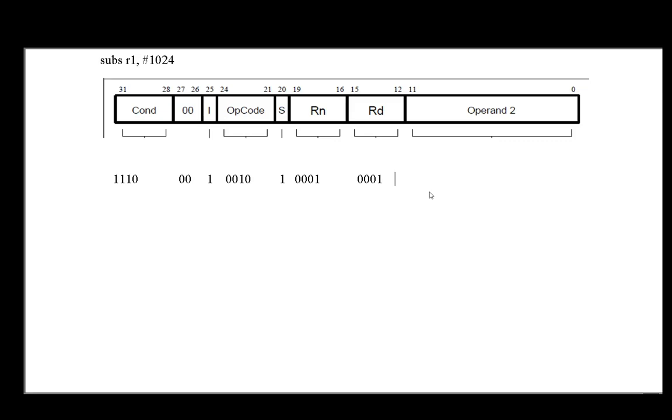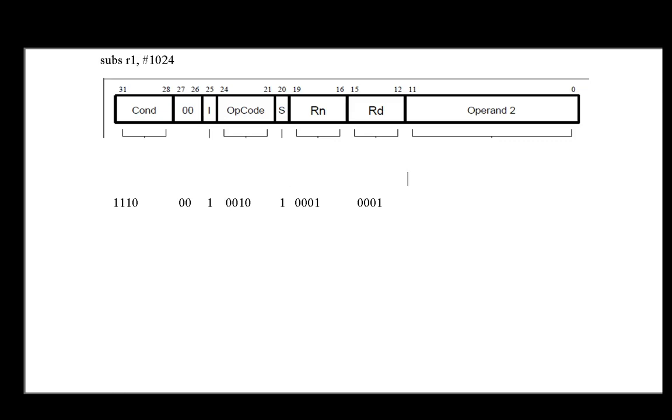Okay, so for the second operand, if I want to encode 1024, I'm just going to write 1024 here using 12 bits. It will be simply 2 to the power of 10. But that's not how it works, actually. I have to leverage, if you guys remember from one of the immediate value lectures that we had here, I'm going to just do this.